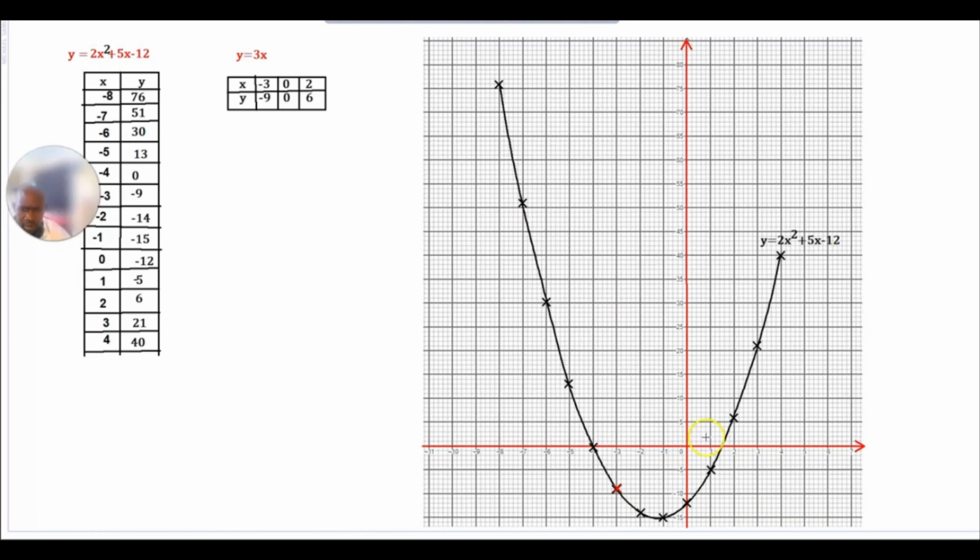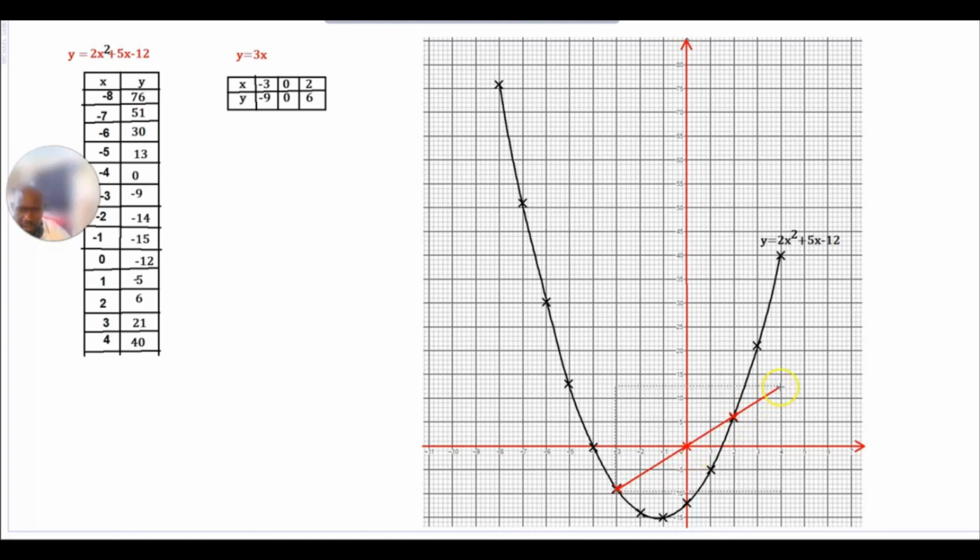When x is 0, that's the point. When x is 2, y is 6. So again, that is the point. We have a point that overlaps, and therefore there is no problem. So we are going to draw those lines.